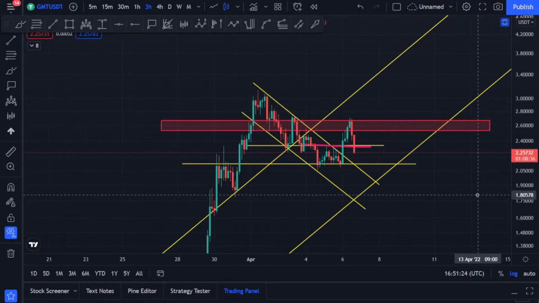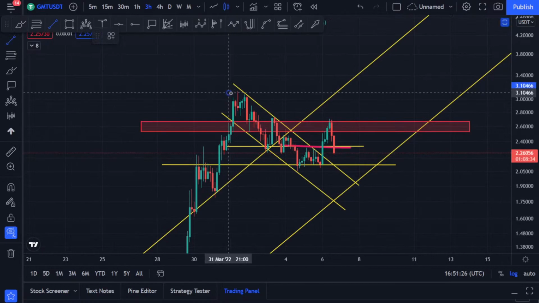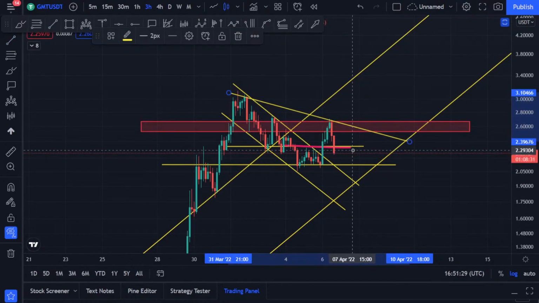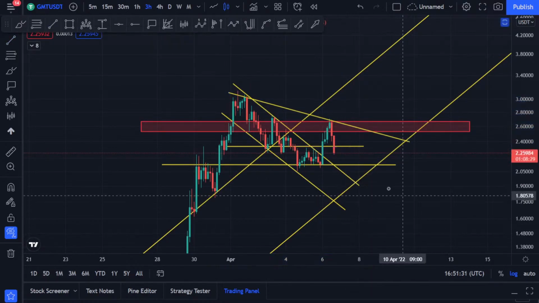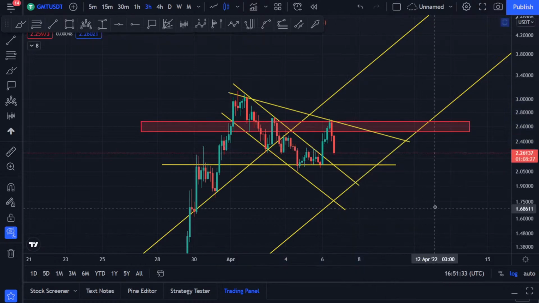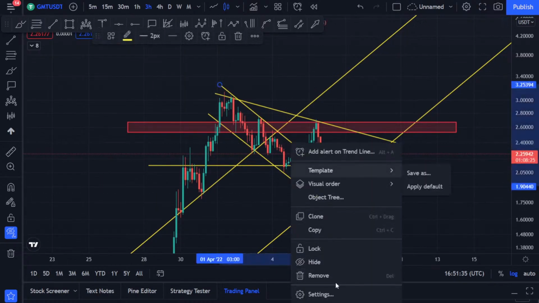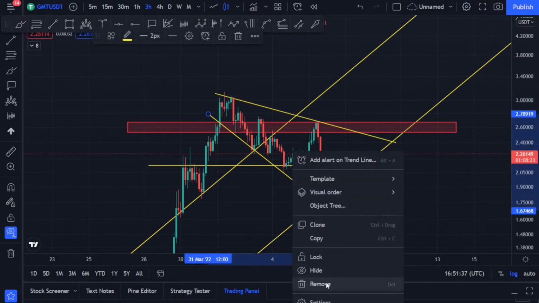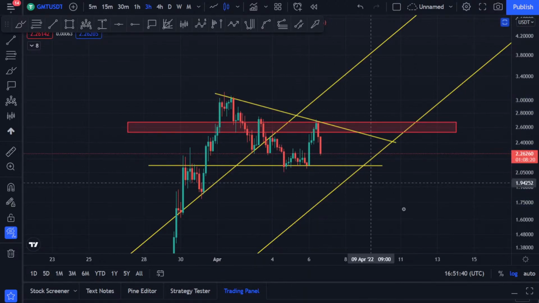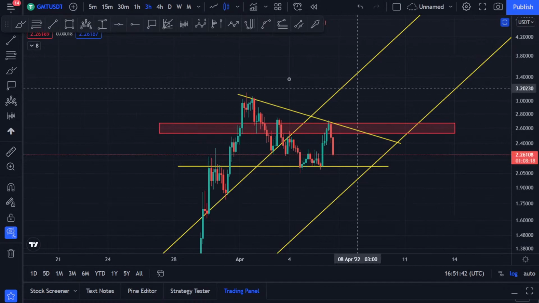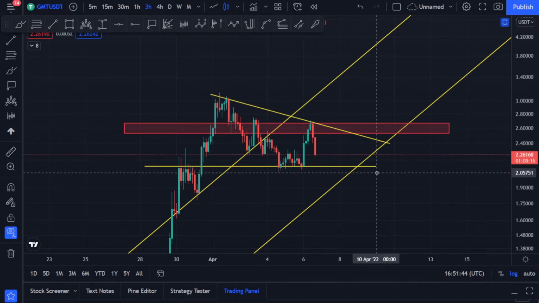What it's trying to do, in my opinion, now is we have this resistance line, and if you just take this off now, you don't really need it, because it did its job and broke towards the upside. You can see it's taking a shape of a descending triangle at the moment.